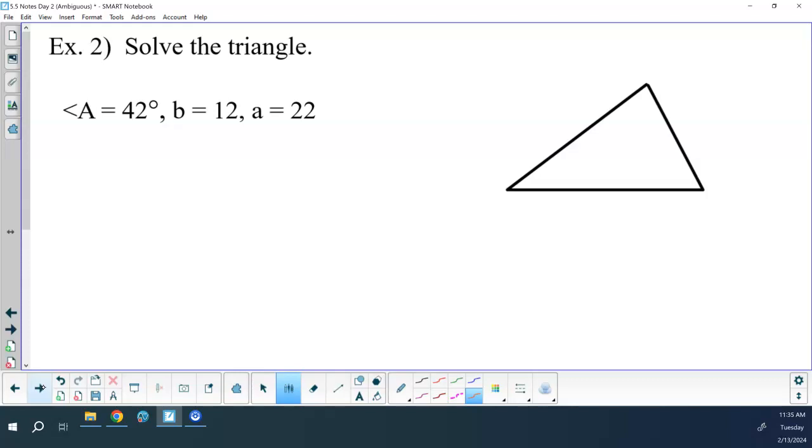So we've got angle A. It is 42 degrees. We've got side B as 12, and we've got side A as 22. Which kind of case am I in? Am I in an angle side-side case? Yes, I am in an angle side-side case. Okay?